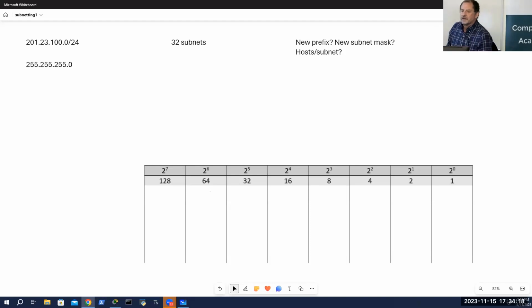Okay, so thing to start off with is new prefix, new subnet mask, and the number of hosts per subnet. After you set the problem, you're tackling the problem from the point of view of how many subnets we need. You'll see in a little bit that we're going to look at it from a different perspective shortly.